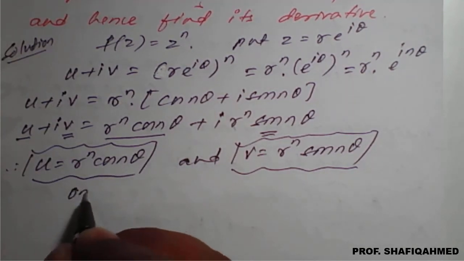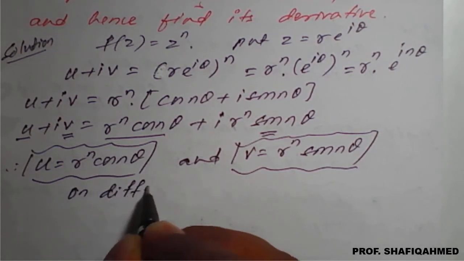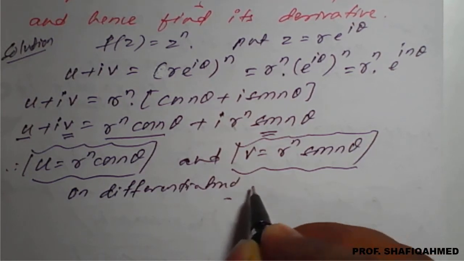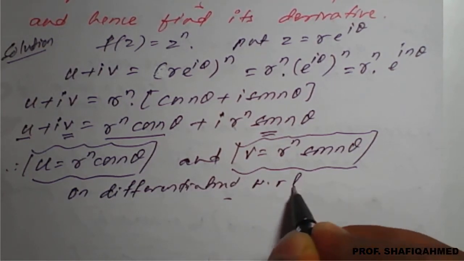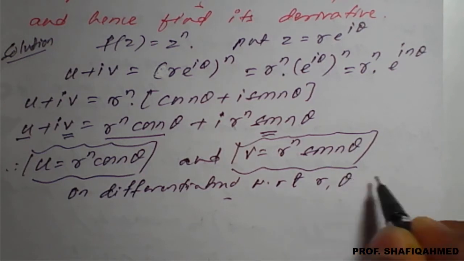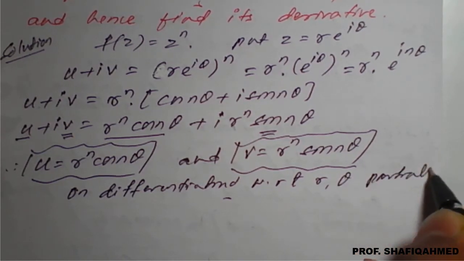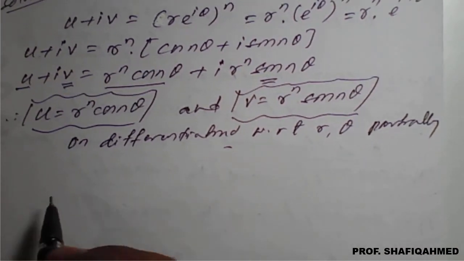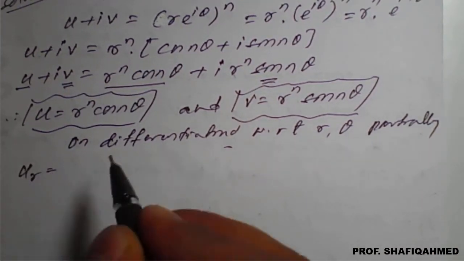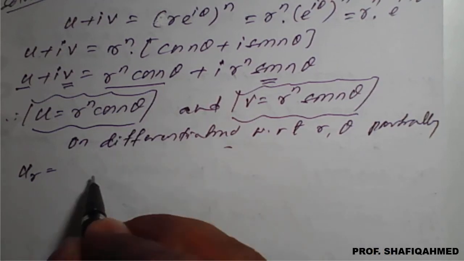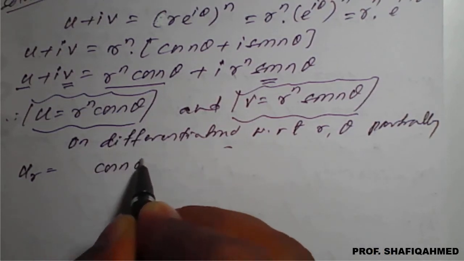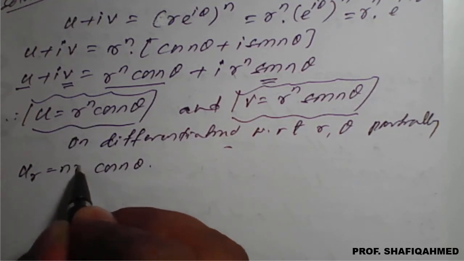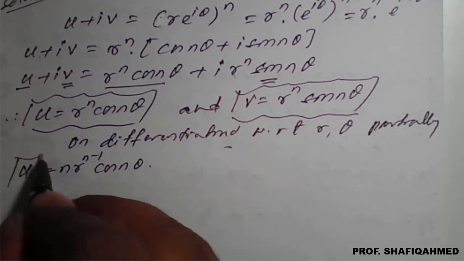On differentiating u and v with respect to r and theta partially, we'll go for the first partial derivative with respect to r. So u r is equal to, if you differentiate partially with respect to r, cos of n theta is a constant, so the derivative of r raised to n is n r raised to n minus 1.